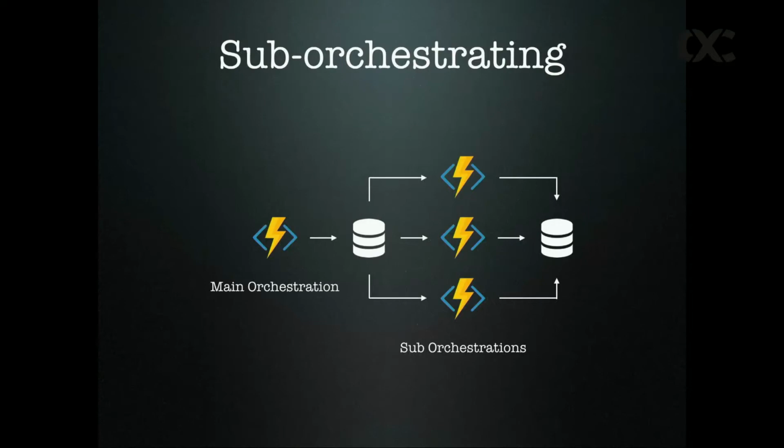The last pattern is sub-orchestrating, which looks pretty similar to fan-out a bit, but of course it's not. It's the option for you to cut your workflows into reusable parts. And I think you can have that very often.